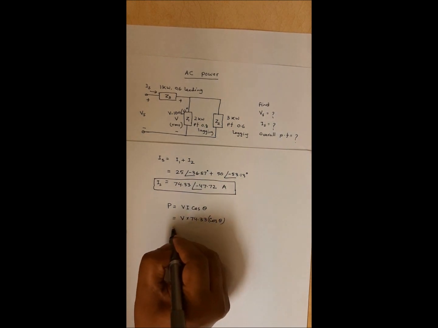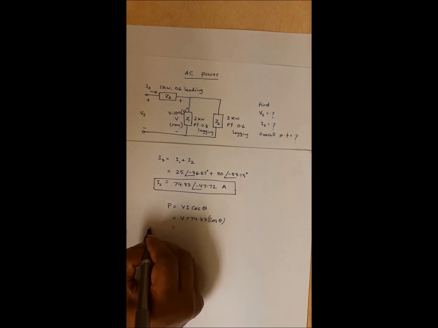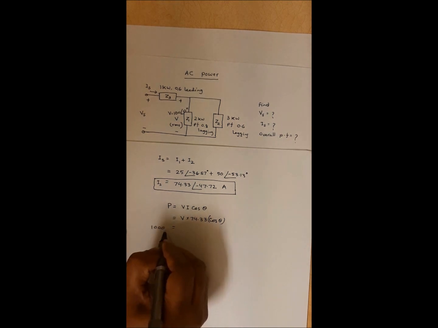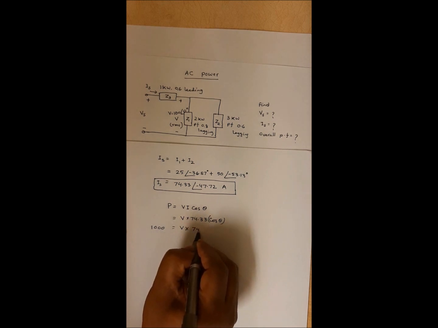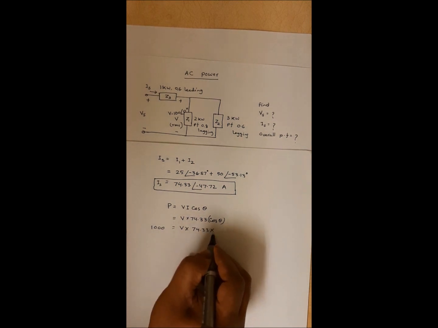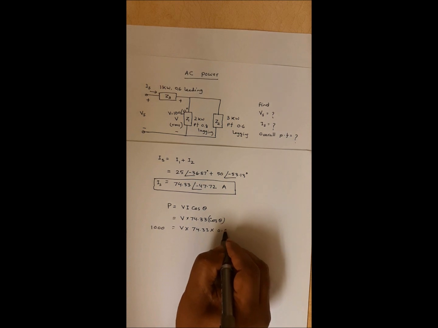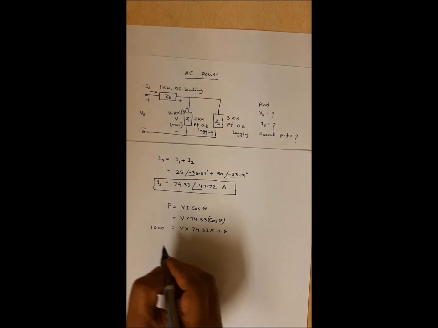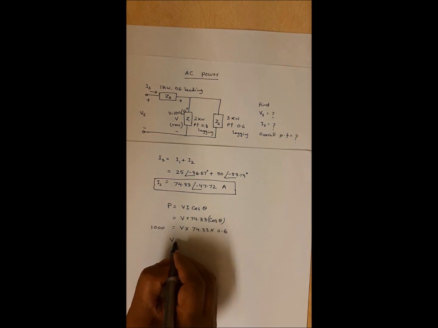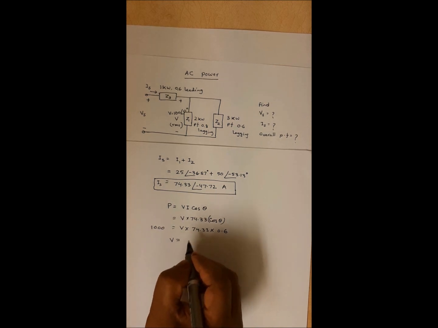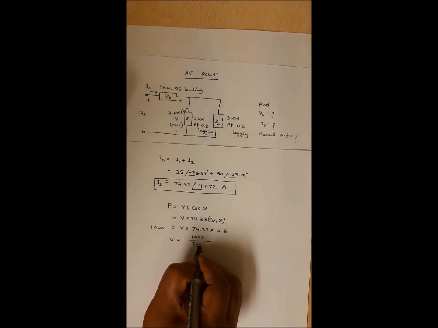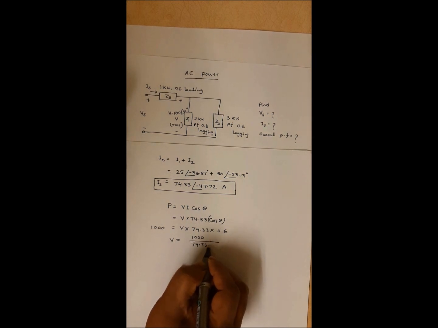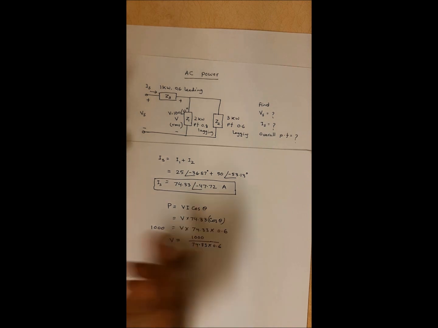Basically this is cosine theta. So 1000 V times 74.33 times 0.6. So now we can find V equal to 1000 divided by 74.33 times 0.6.